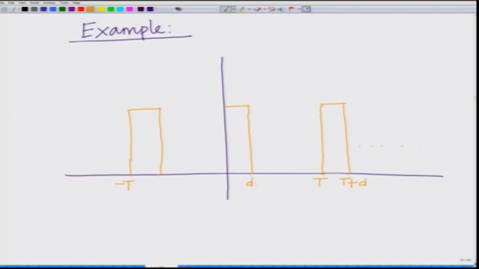So, this is minus T, this is minus T plus d.